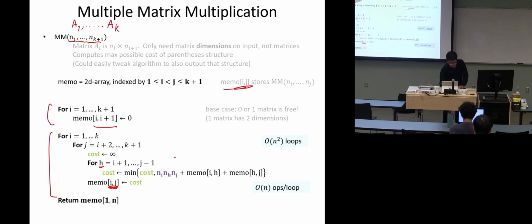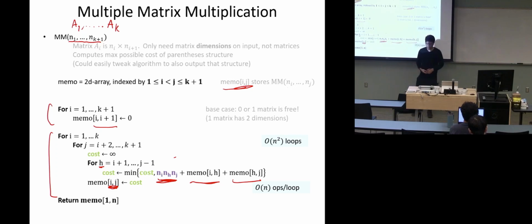If you split at index h, the cost you're going to pay is this much. This is the time you need to multiply at the end, and then you recurse on the left side and recurse on the right side. Okay, and you just fill up the table. I won't go into details, but it makes sense at a high level, right? It's just filling up the table.